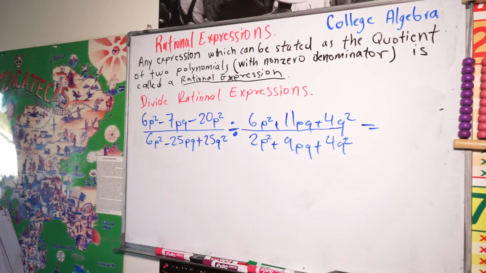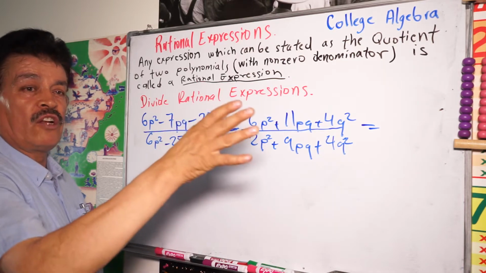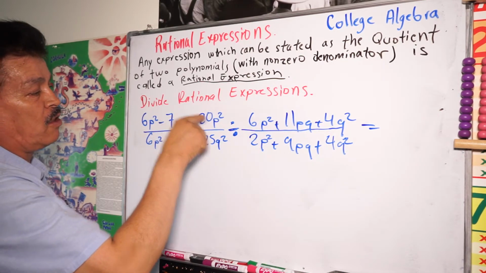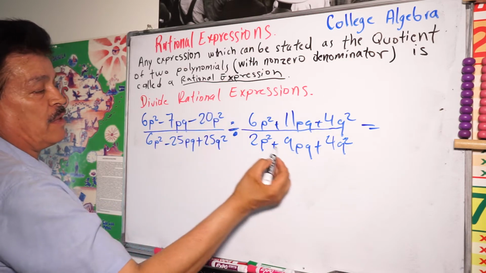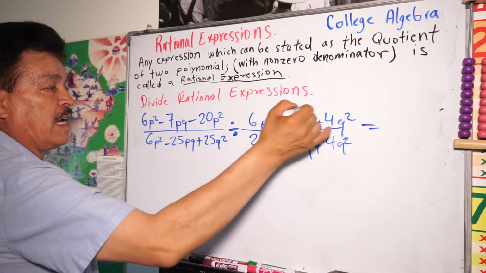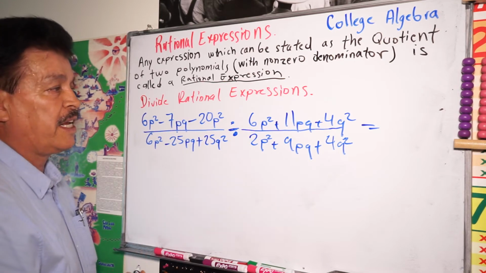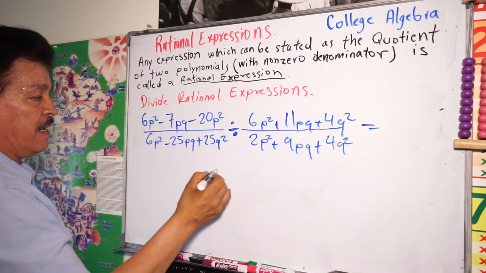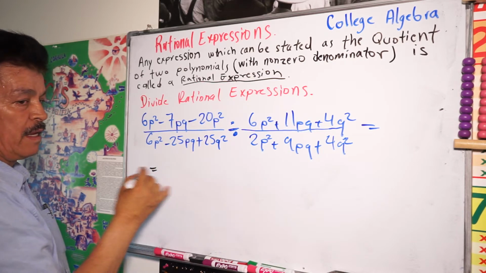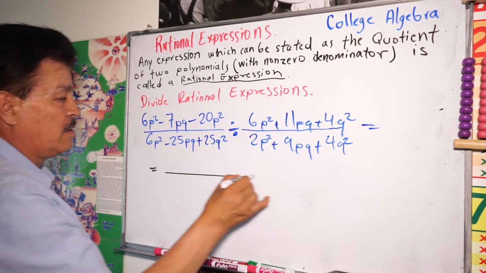Equals. Now when you divide rational expressions, remember you have to multiply by the reciprocal: numerator by numerator, denominator by denominator. Then you are going to have the expression.